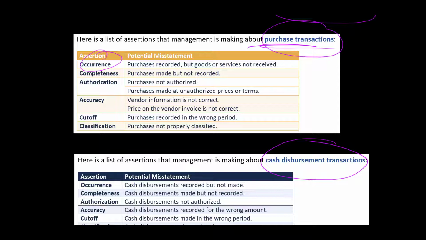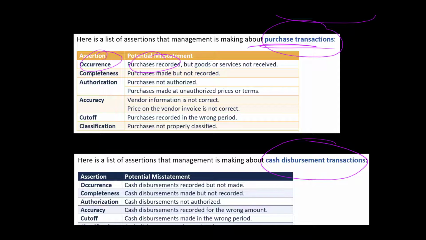Again, generally, management isn't going to be trying to overstate how many purchases and liabilities they have. But again, there could be an issue with employee fraud, where maybe there was a purchase recorded, but then there were no goods or services received. Maybe it had something to do with one of the company's employees stealing from the company.